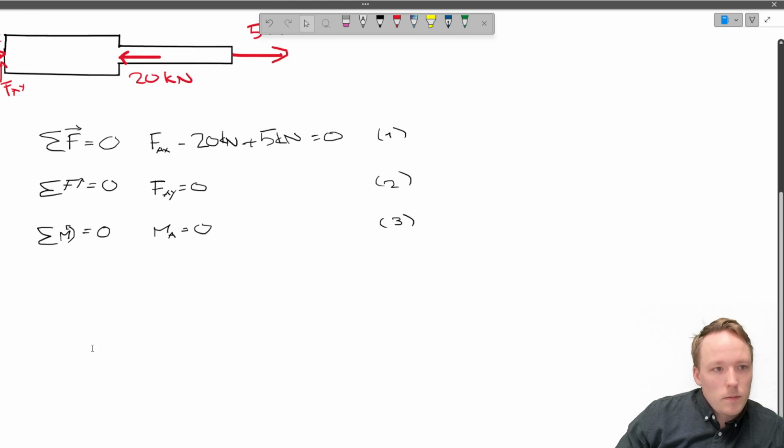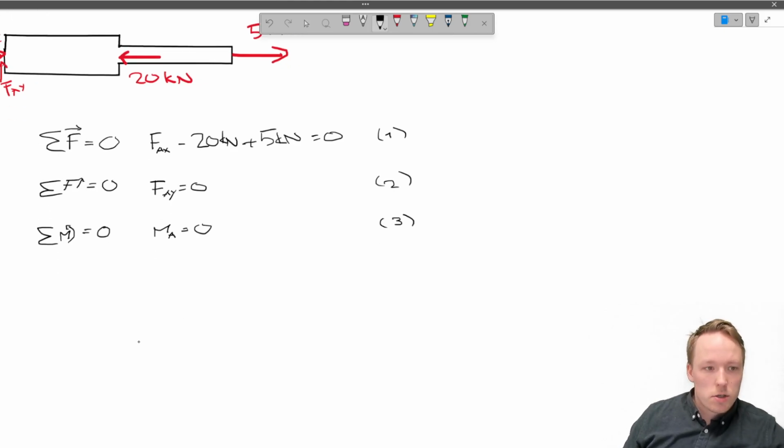Well, if we take a look at these equations, we can quite easily see that these two are unnecessary, and from the first one we can very easily solve F_AX.